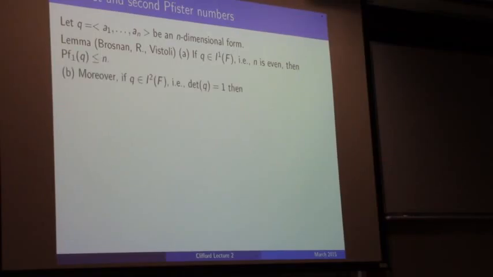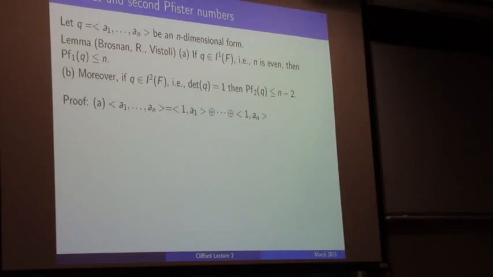So the first Pfister number is at most n, and the second Pfister number is at most n minus 2. Let me show you how, so you get a feel for this. Again, I'm assuming that minus 1 is a square.